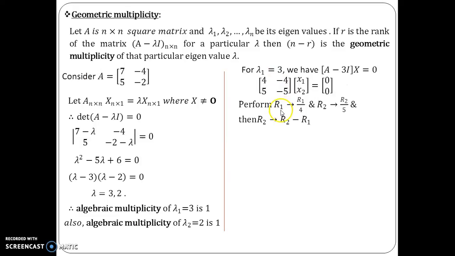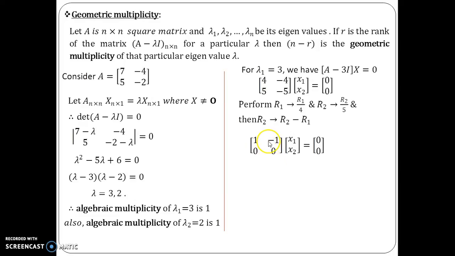First perform R1 changing to R1 divided by 4 and R2 changing to R2 divided by 5. And after having those transformations performed, you then perform R2 changing to R2 minus R1. Finally, you will obtain this matrix, that is 1 0 minus 1 0.